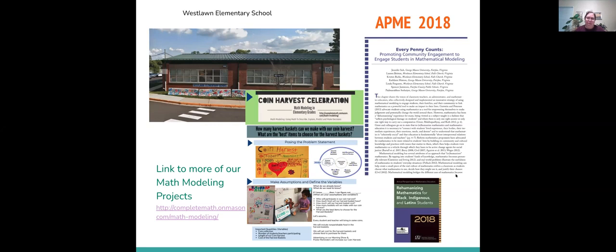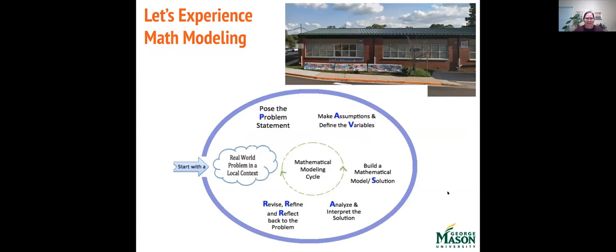You'll notice in the lesson study today some language support that we give our students to help them in building that language. Westlawn is a place that really strives to meet the needs of our diverse community and to support them and to promote high academics. So that's just a little bit about Westlawn.